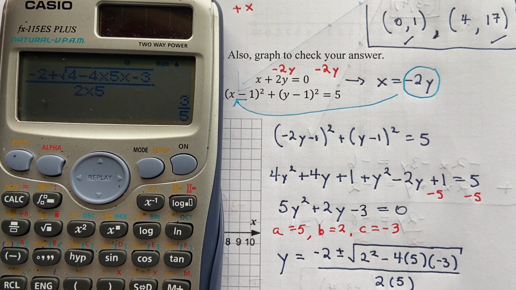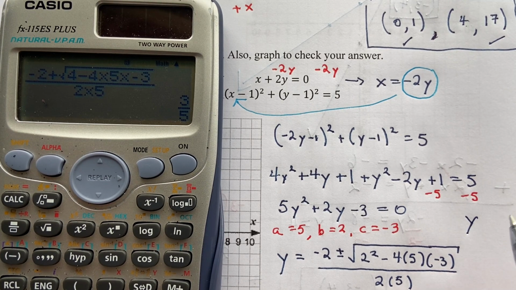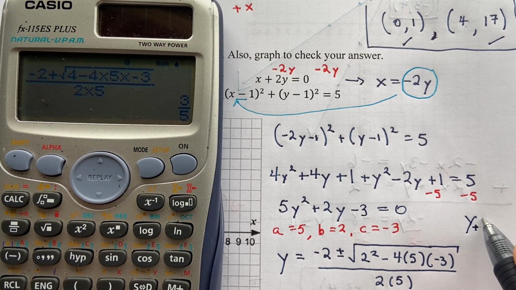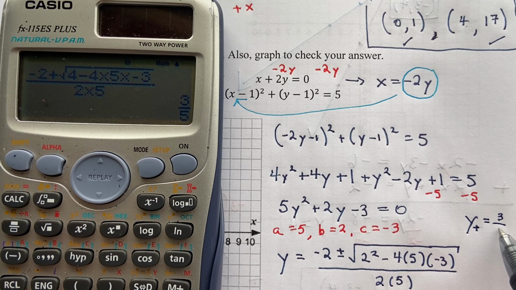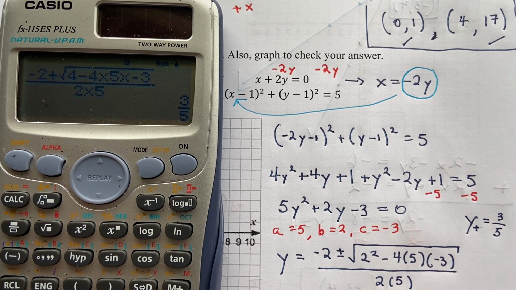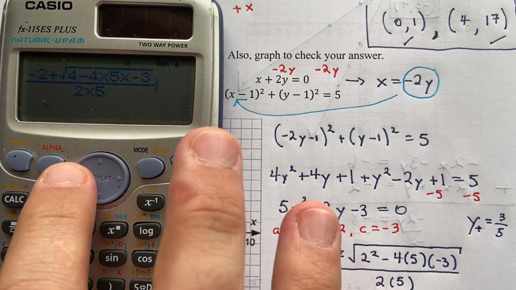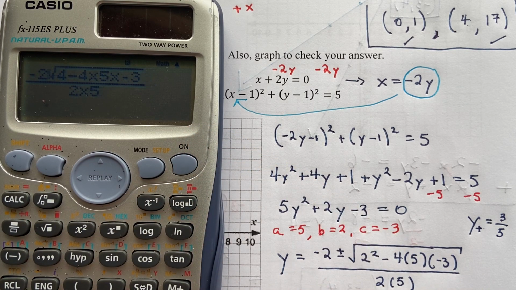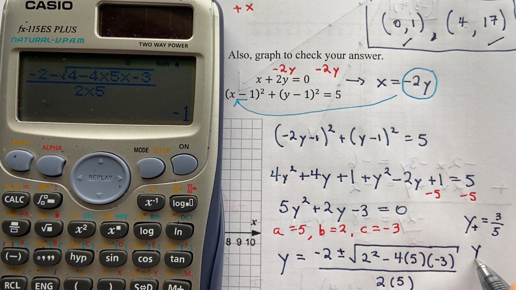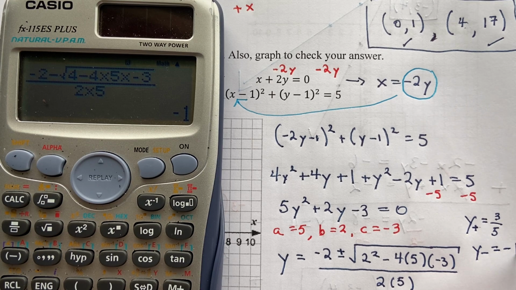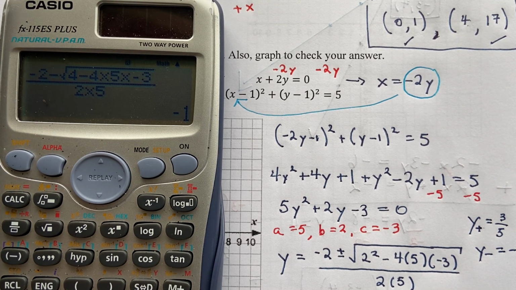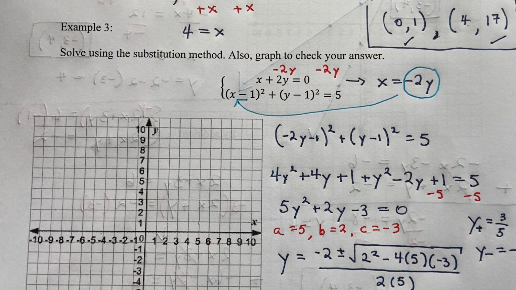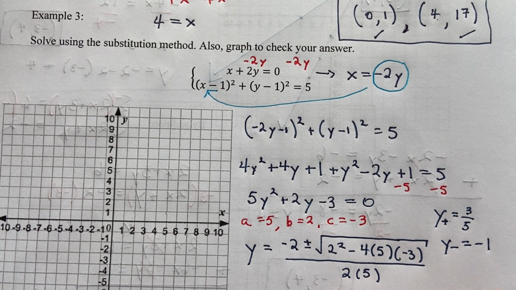So here's the plus case, 3/5. And then change this plus to a minus. Negative 1, so y minus is negative 1. Okay, so we have 2 y's.